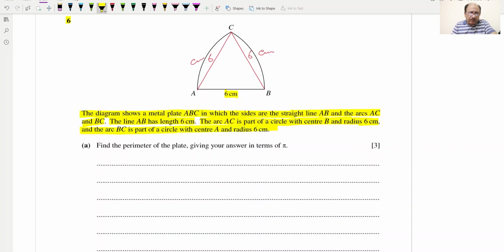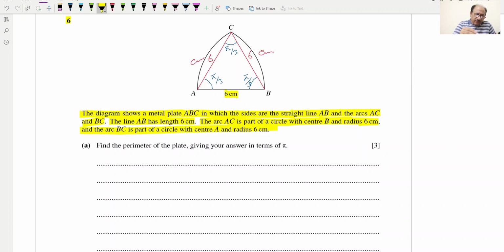So we have drawn this. All three sides are equal, so their angles will be equal. It means this angle and this angle and this angle are all 60 degrees. In terms of radians, it will be pi by 3.